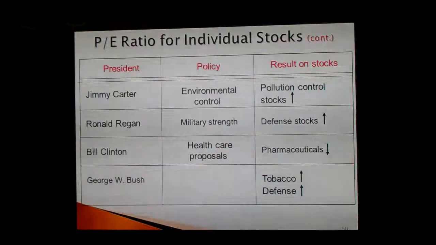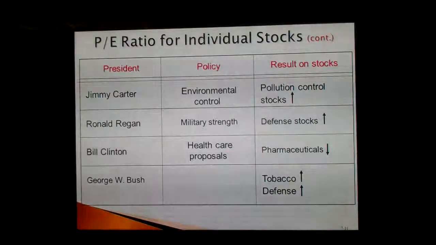Okay, P/E ratio for individual stocks. This is just going over some government regulations. So if we have environmental controls, there was pollution control on stocks, and that caused those stocks to rise.